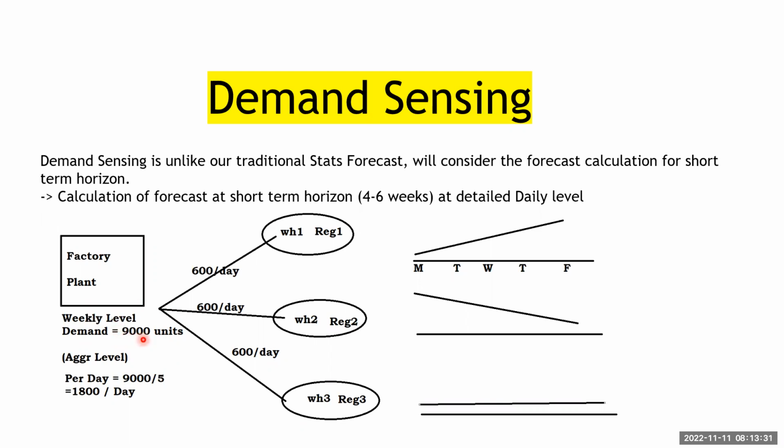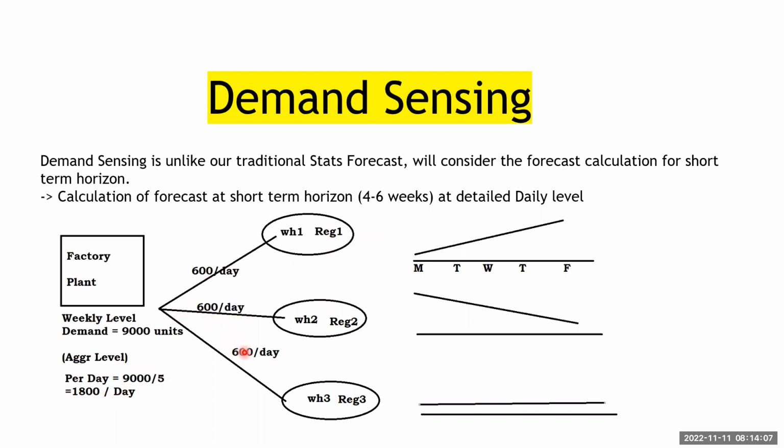Now, if we just divide it per day, let's say that 5 days are working days. So we divide 9,000 and it comes to 1,800 per day. To suffice this 1,800 per day demand, let's say that we have 3 regional warehouses in a particular region.